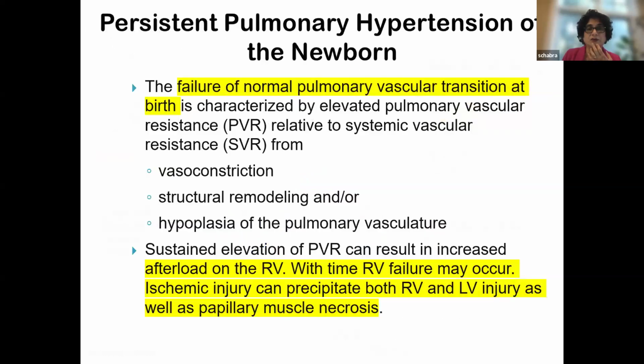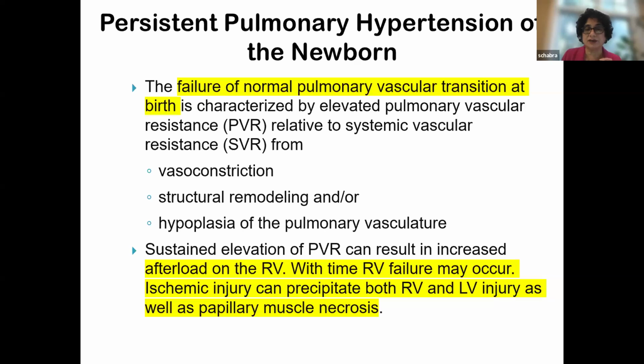So failure of normal pulmonary vascular transition at birth is characterized by elevated pulmonary vascular resistance relative to systemic vascular resistance. And this happens because of multiple factors, one being vasoconstriction, the second being structural remodeling of the lung architecture, and hypoplasia of the pulmonary vasculature.